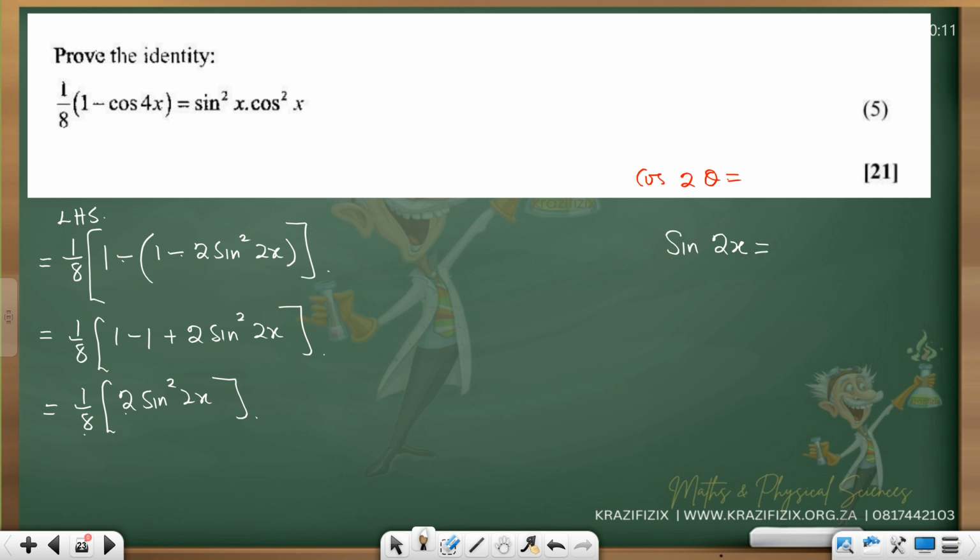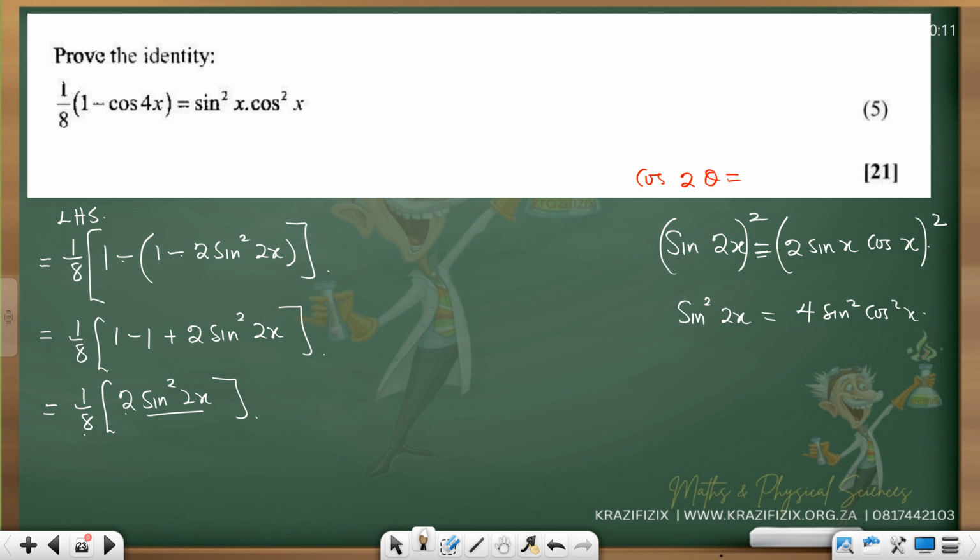So if I square all of this, what will I be getting? Sine squared 2x is 4 sine squared x cos squared x. 2 times 4 is 8, which cancels with the 1 over 8.